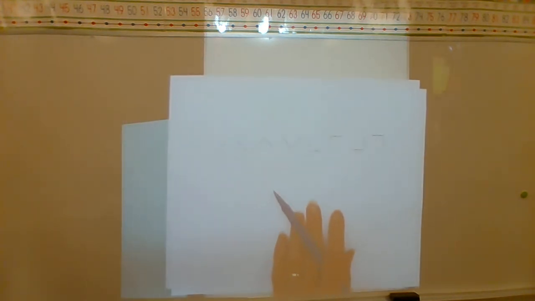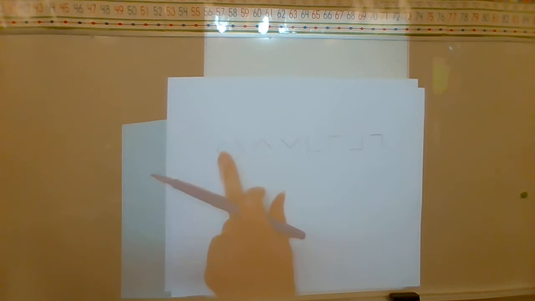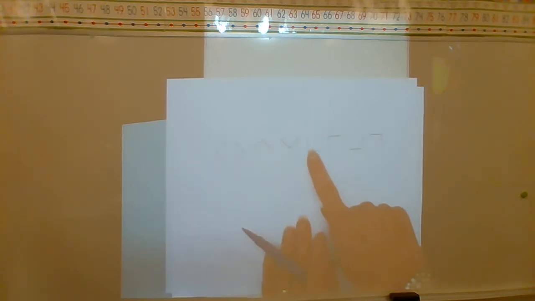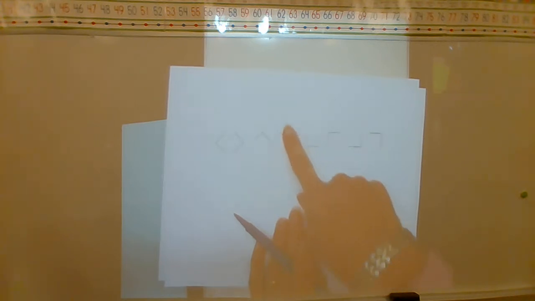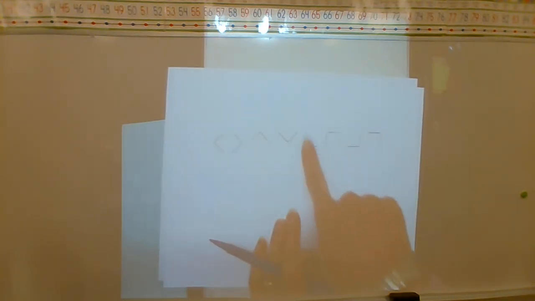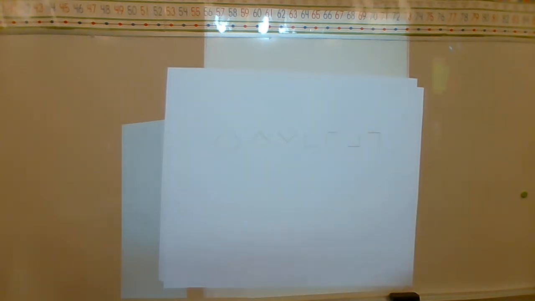So this is a right angle no matter the direction that it faces. There's the letter L, and it can point down, up, left, or right, and they are all still right angles.